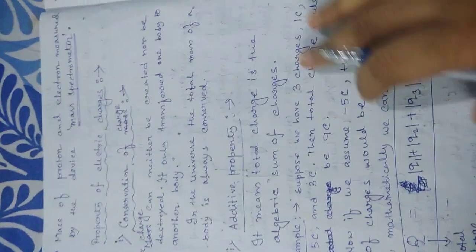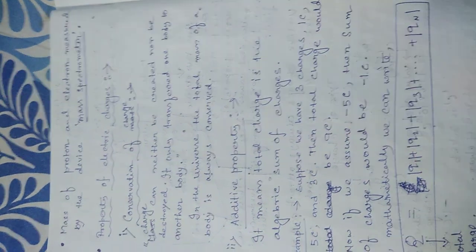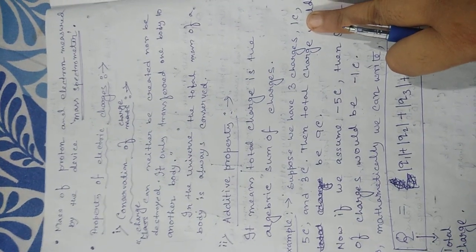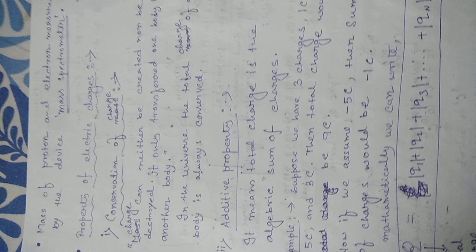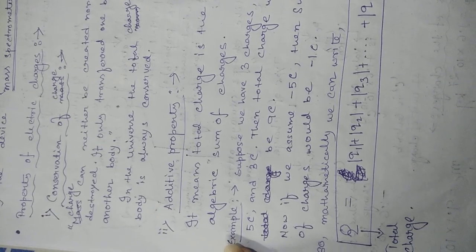Charge can neither be created nor be destroyed. It only transfers from one body to another body. So we can say that in the universe, the total charge of a given body is always conserved or constant. Okay, this is the first property of electric charge.